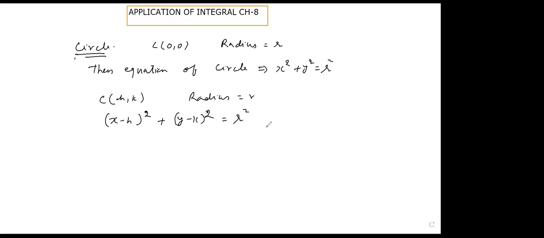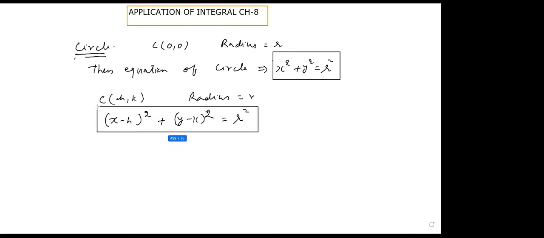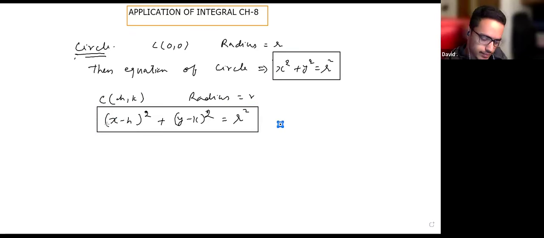This is the equation of a circle. The basic equation is taken when the center is at the origin, and this equation is taken when the center is (h, k), meaning any point.